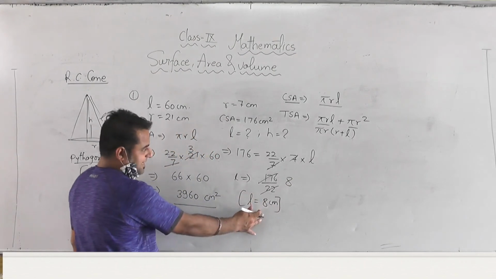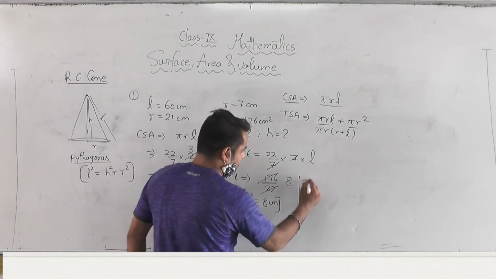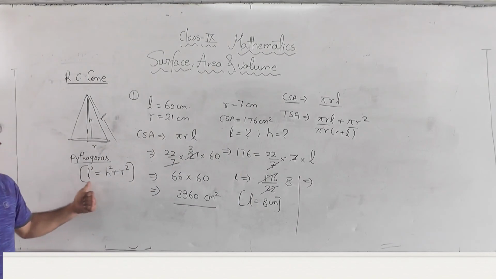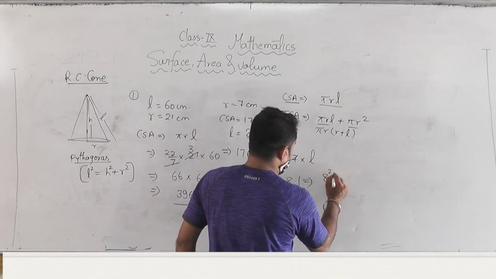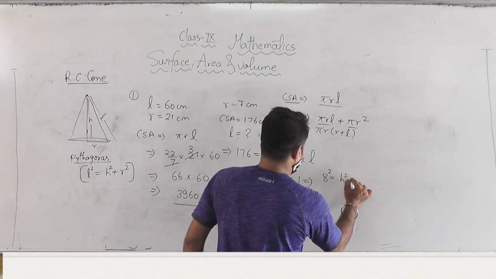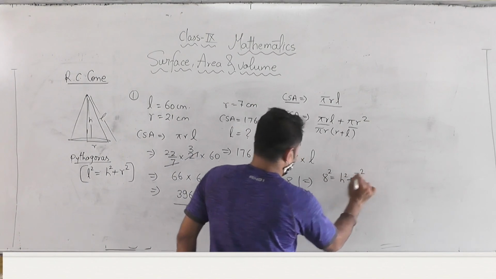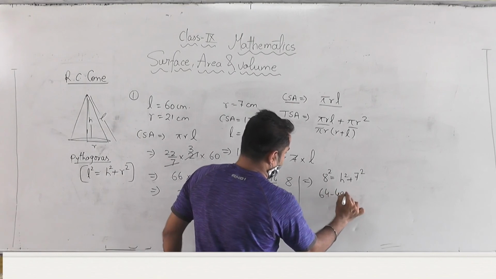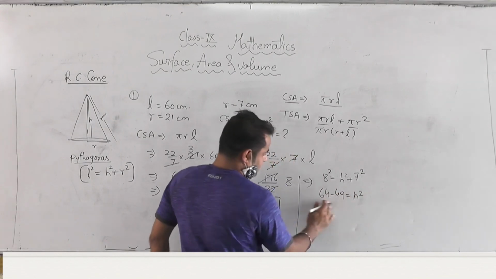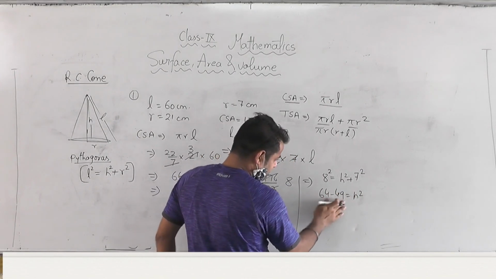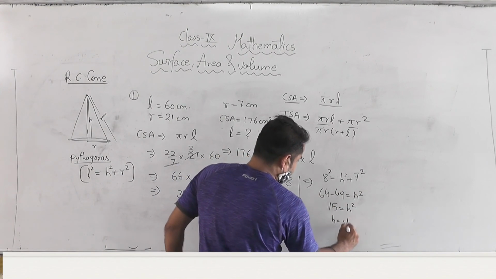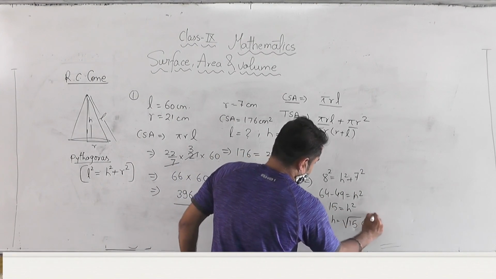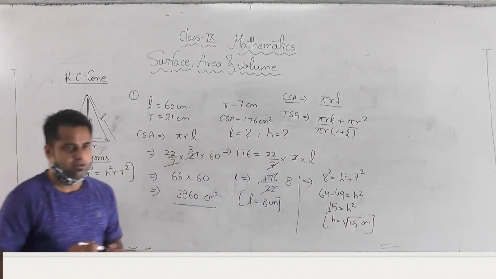Since we got the slant height, we can find the straight height by putting the values into the Pythagoras formula. L is 8, so 8 square is equal to H square plus 7 square. So 64 minus 49 results in 15. So root 15 will be the straight height.